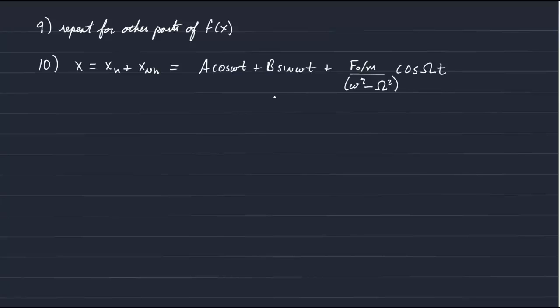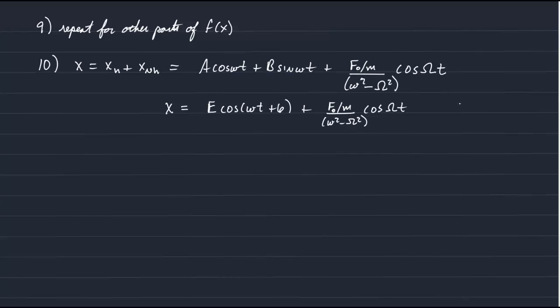We could equivalently write that as x is equal to e cosine omega t plus phi, plus our non-homogeneous solution times our forcing function.